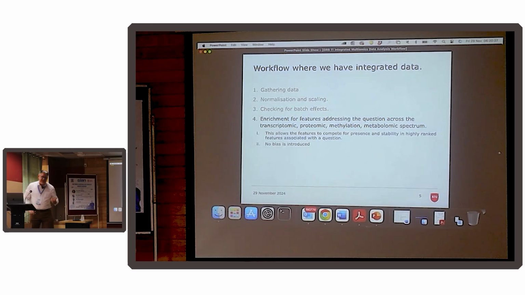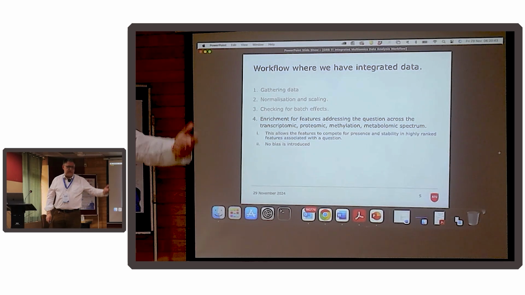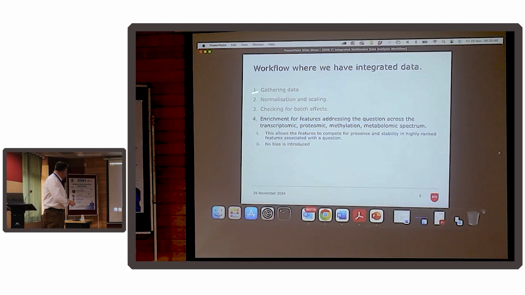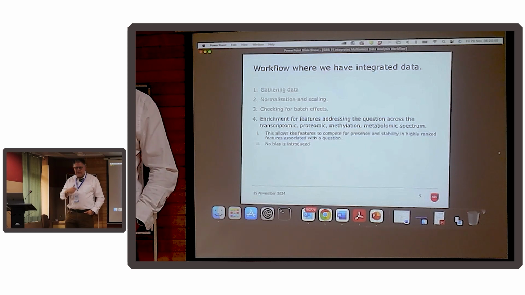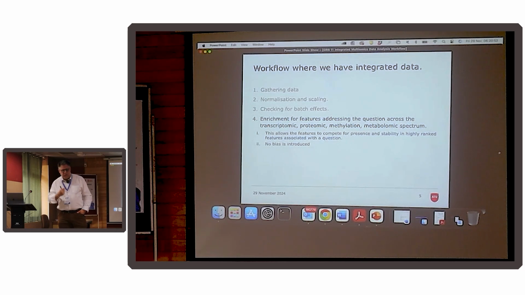So the next step then is we're starting to enrich features. So we have data from each one of these pools, and we're addressing the question if we've got the same data across different pools.